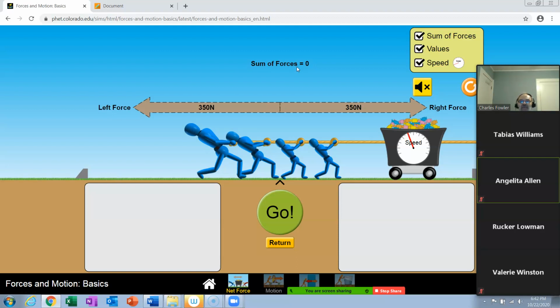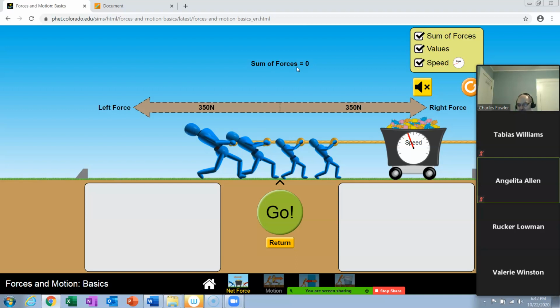It has to be that the acceleration is zero. What is acceleration? Change of velocity, which means change of speed. And since it was going to the right at the beginning, it's going to continue going to the right at the same speed because it's not accelerating. So if there's no acceleration, there is no direction for the acceleration.